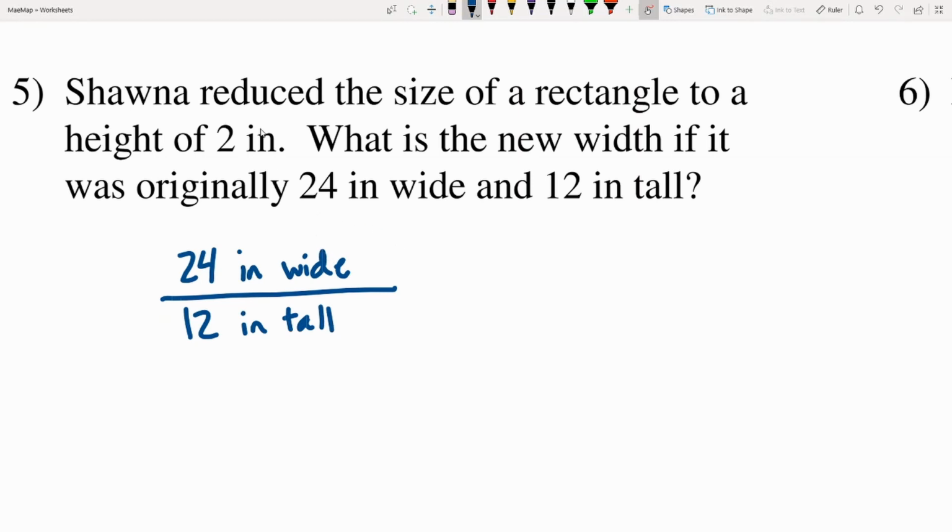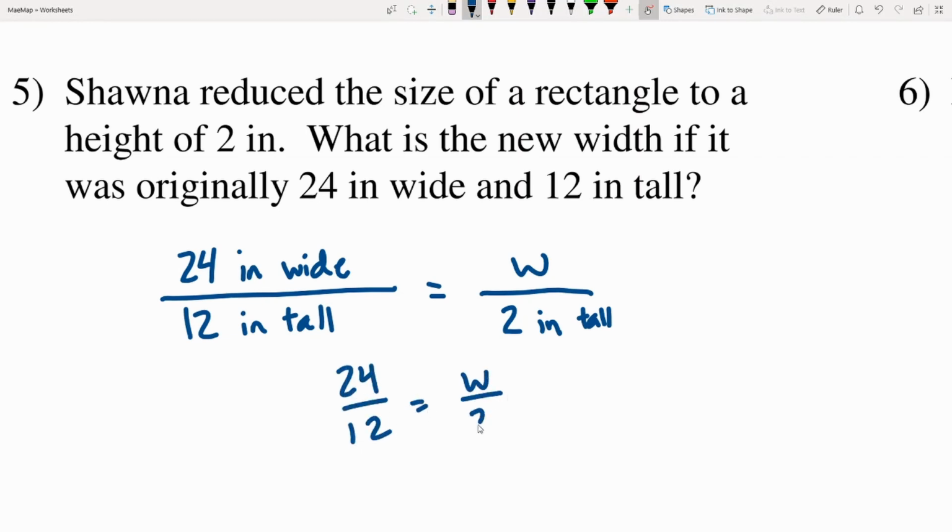So if Shauna reduced the height so that it's only 2 inches tall now, remember our amount of height, how tall the rectangle is, in our denominator. So I'm going to put that 2 inches in my denominator. We're trying to figure out the new width. So if the 2 inches tall is the new height, the new width, we'll call this W. So just writing this as numbers, we'll have 24 over 12 equal to W over 2.